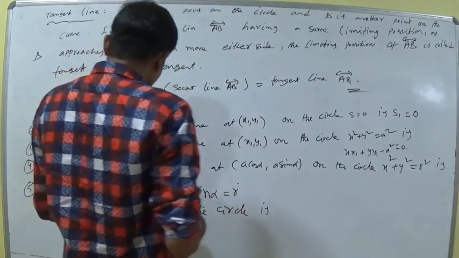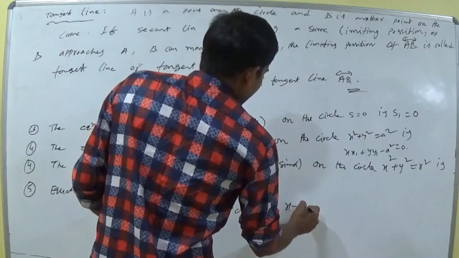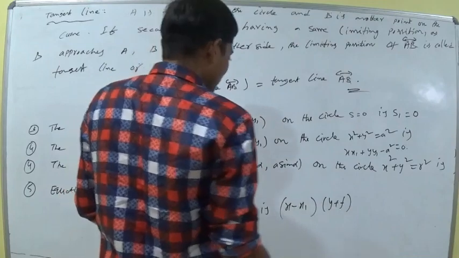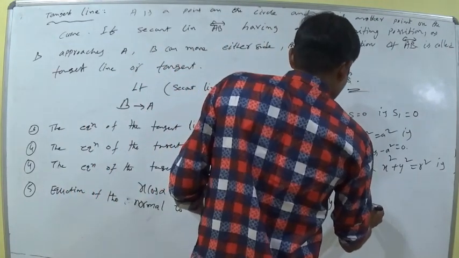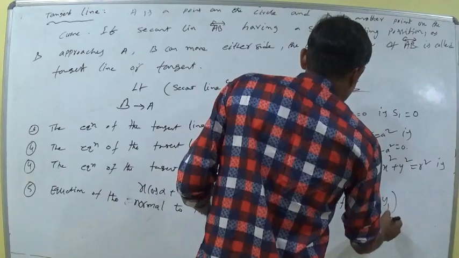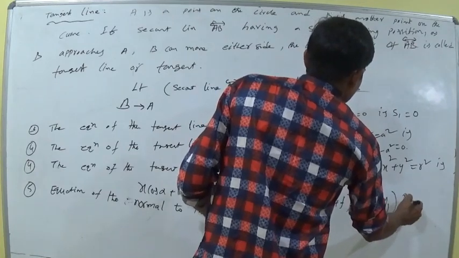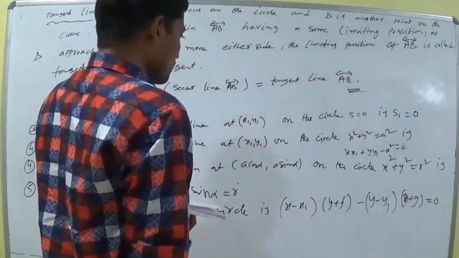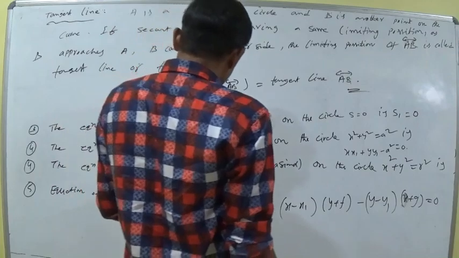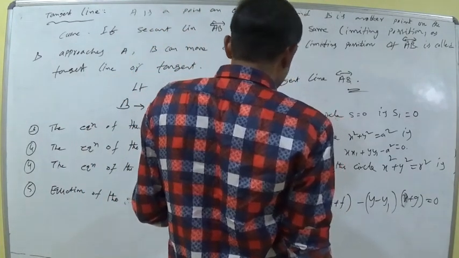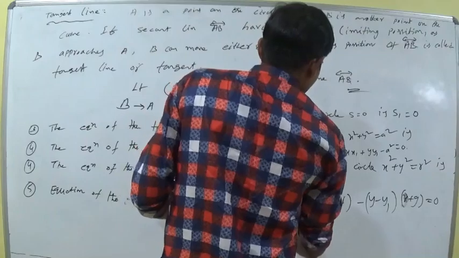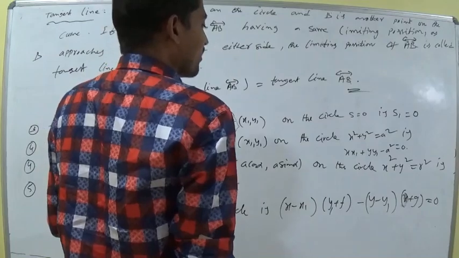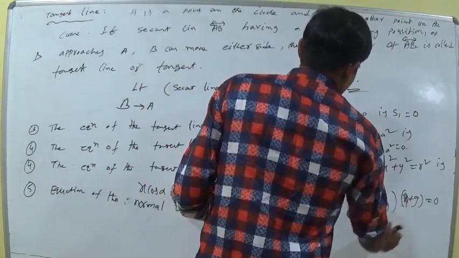(x - x1)(y1 + f) - (y - y1)(x1 + g) = 0.